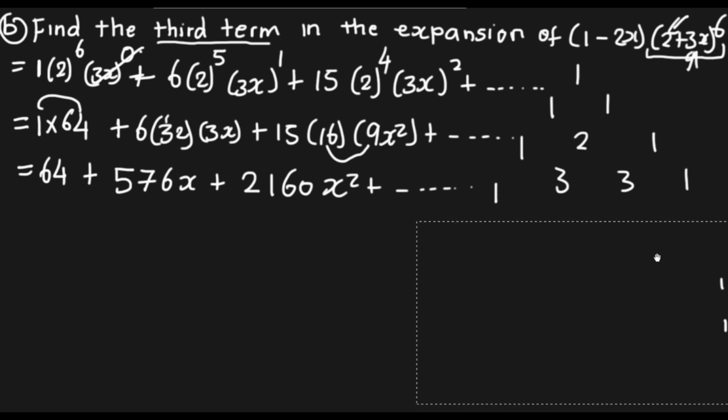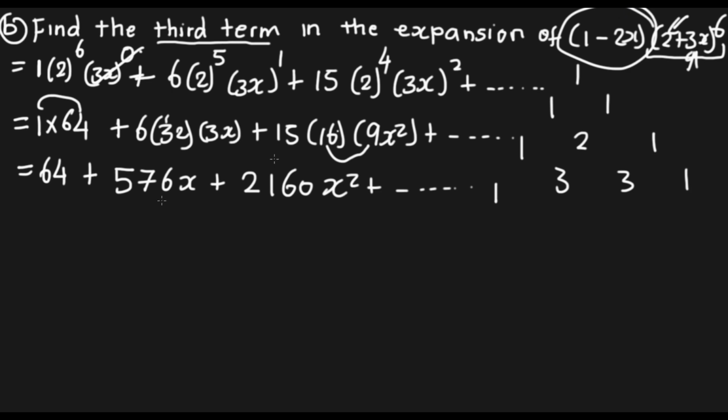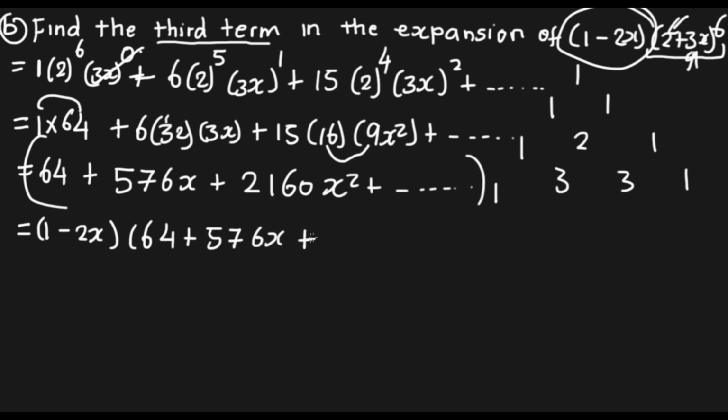So what I'm going to do now is multiply the other expression by what we formed. So we get this expression, which is 1 minus 2x, times this expression. So we have 64 plus 576x plus 2160x squared plus dot dot dot.